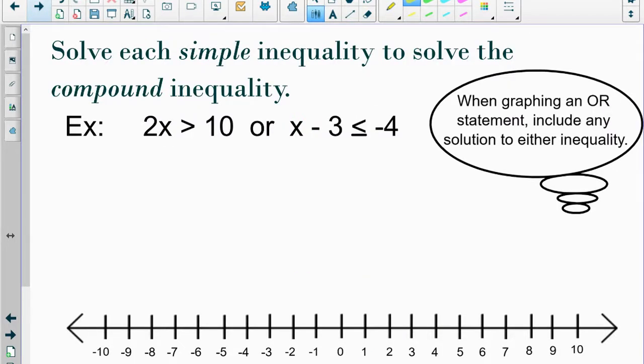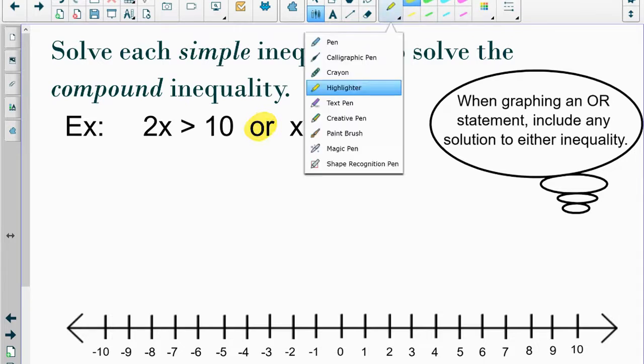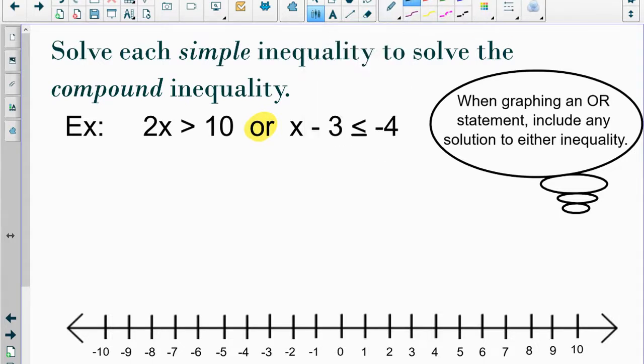So we're going to solve each simple inequality to solve the compound inequality. Let's take a look at our first example. We have 2x is greater than 10, or x minus 3 is less than or equal to negative 4. Notice the compound word "or" is connecting the two simple inequalities together into one compound inequality.